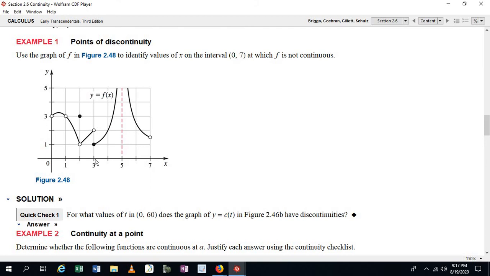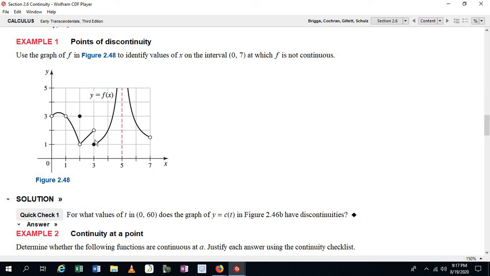Okay, what about the discontinuity at 3? f of 3 is defined, right? It's equal to 1. What about the limit as you approach 3? From the right-hand side of 3, the y value that you're getting closer to is 1. And from the left-hand side of 3, the y value that you're getting closer to appears to be 2.